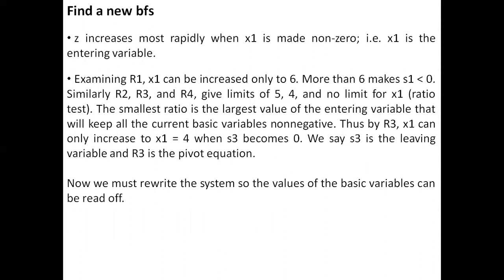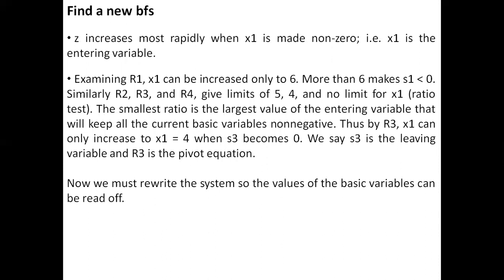So what we have to do at this stage: z increases most rapidly when x1 is made non-zero, so x1 is the entering variable. Then examining row 1, x1 can be increased up to 6, and more than 6 makes slack 1 less than 0.